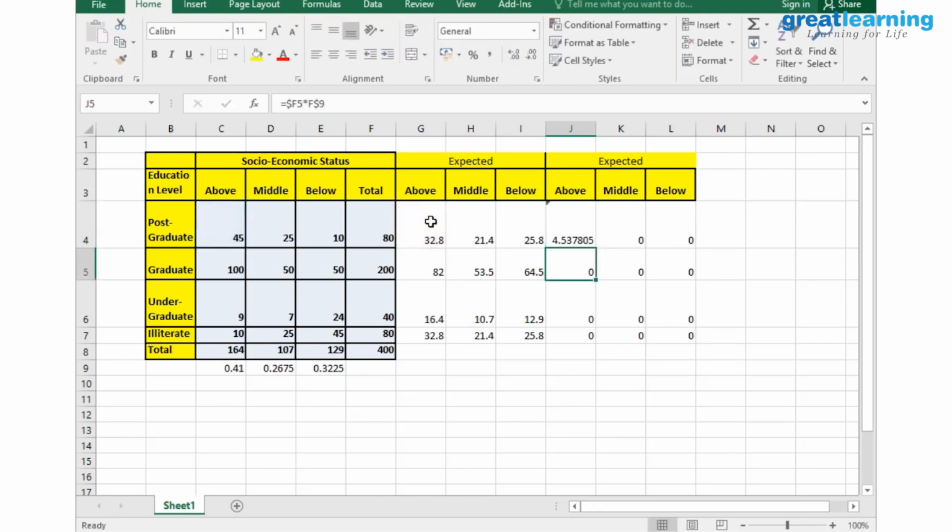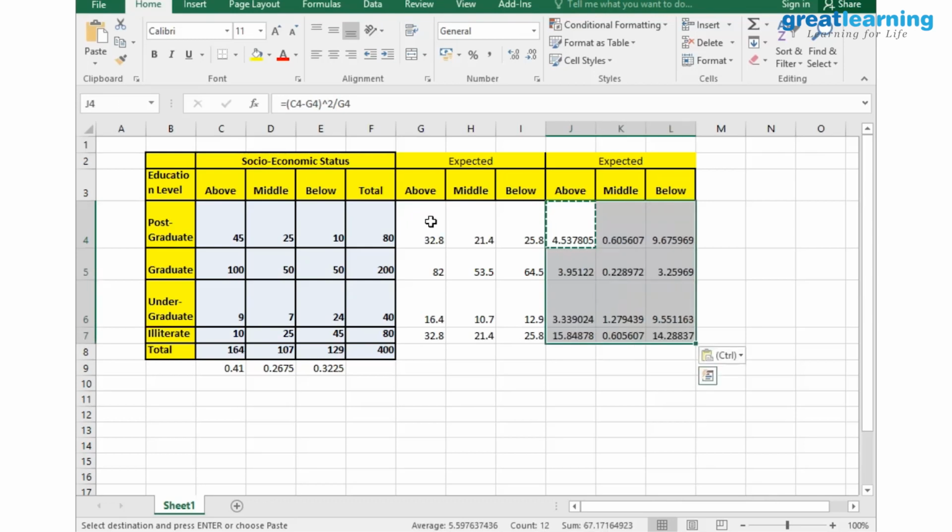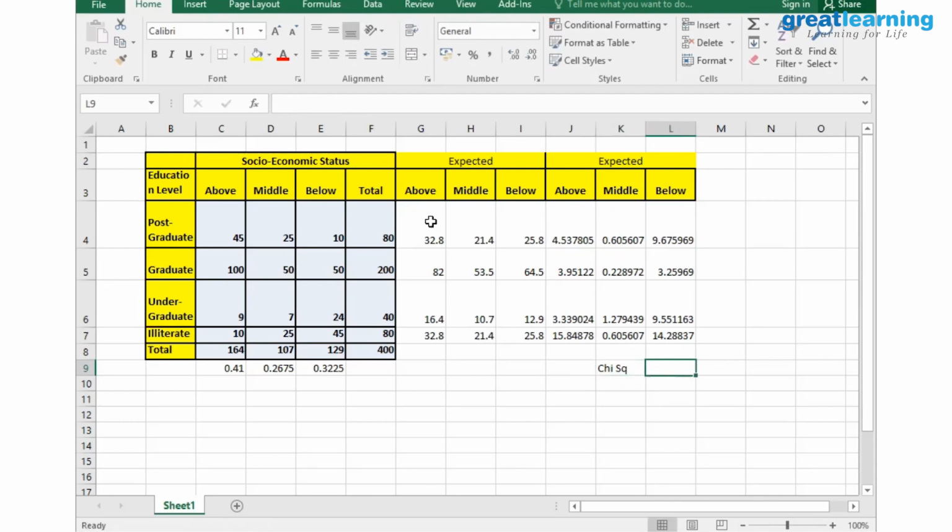This time I don't have to do any dollars. Control V. Chi-square is equal to summation of these values. Done. Finish. What happened? 67. Done. Finish. There's the chi-square.